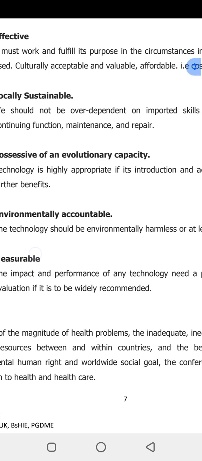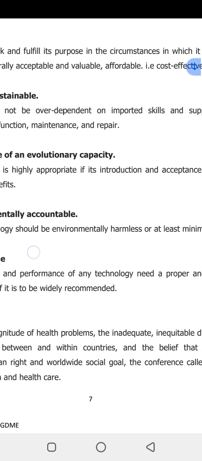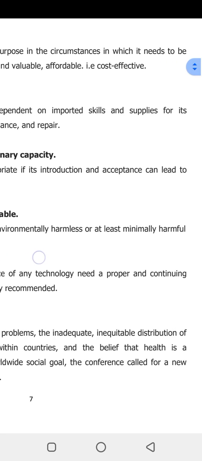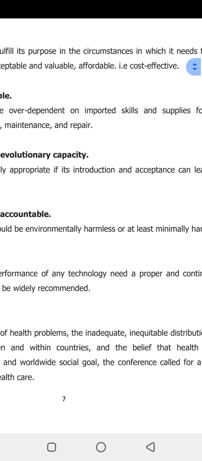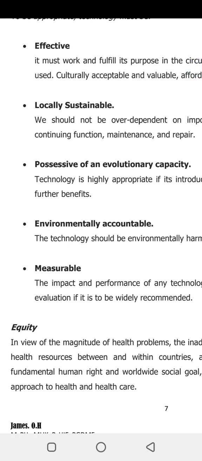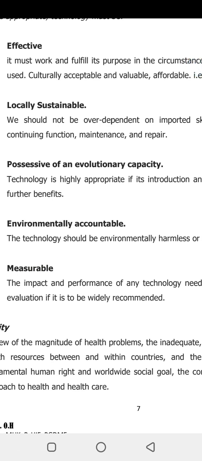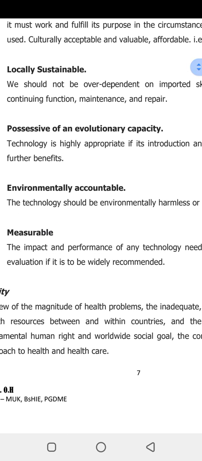We should not be over-dependent on imported skills and supplies for its continuing function, maintenance, and repair. So I gave an example of a borehole. We, the community members ourselves, have to have the capacity to make sure that if there is a breakdown in the system, we have the capacity to maintain and repair it.